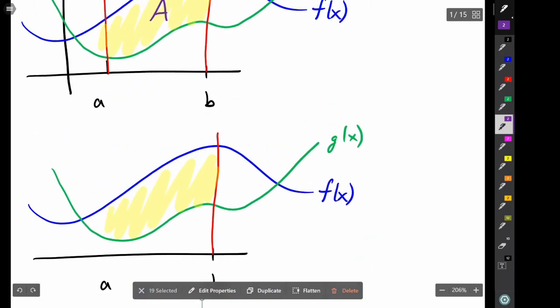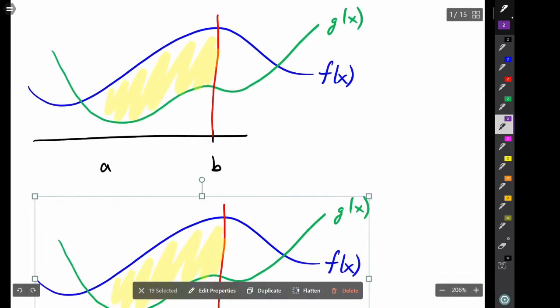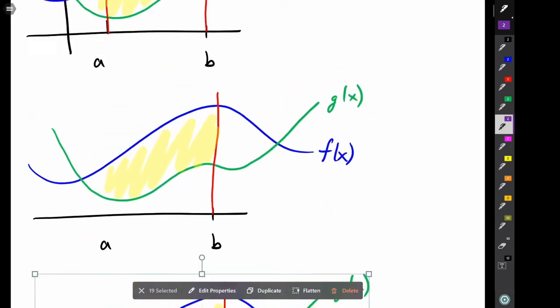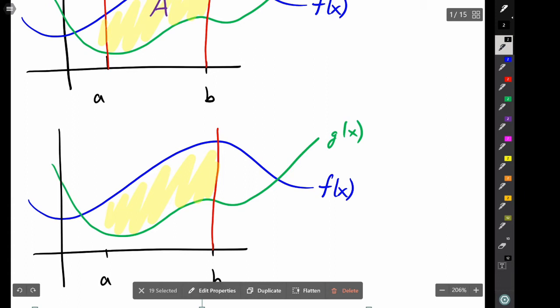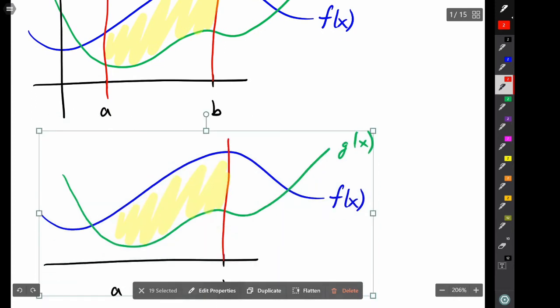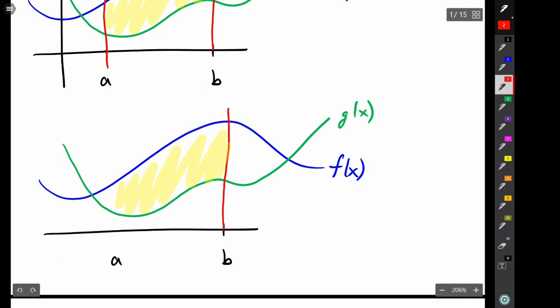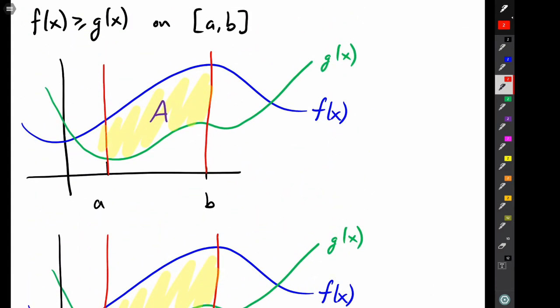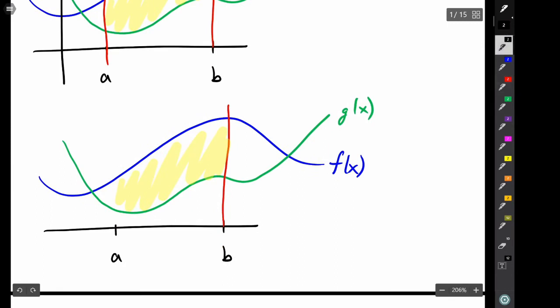So to compute that area, wow, it's like missing a whole bunch of stuff. Anyway, sorry, I was not expecting all that.